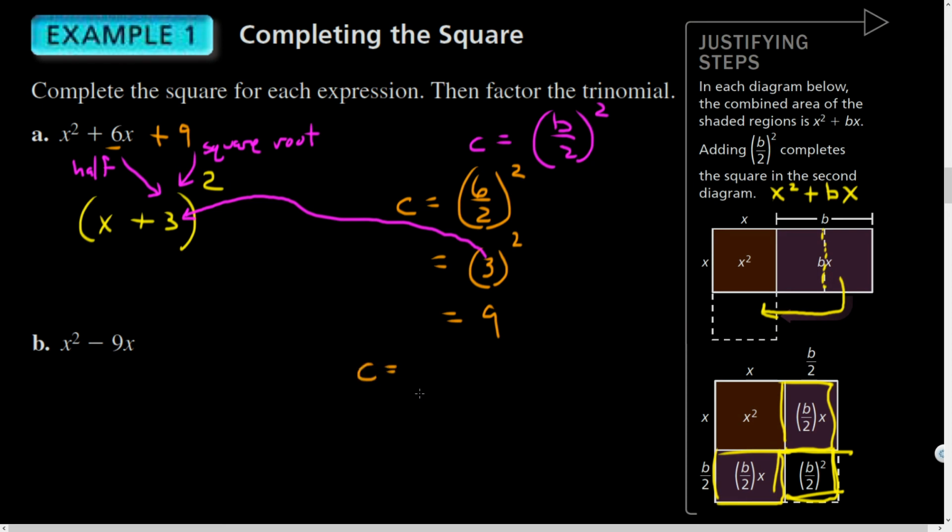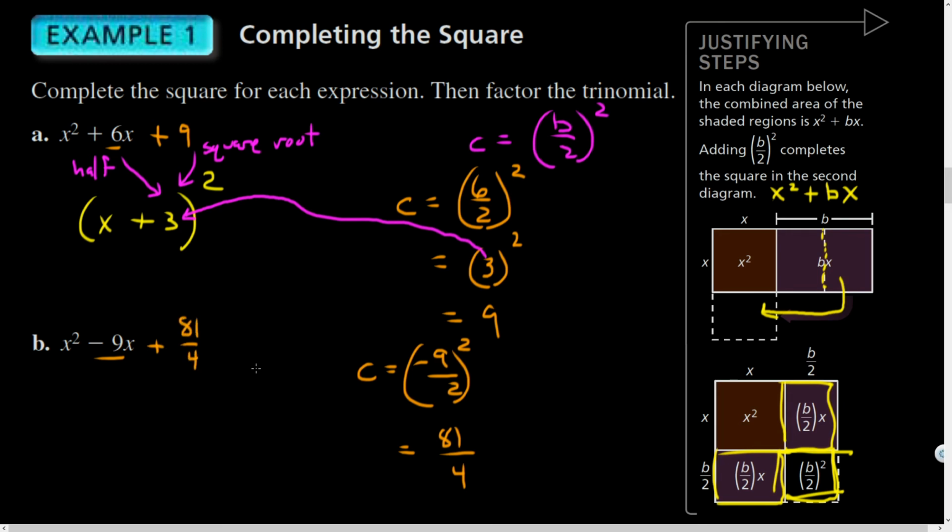So here's my new c term: -9 divided by 2 all squared, because b was -9. Now let's square this using properties of exponents. Negative all squared is going to become positive. 9 squared is 81, and 2 squared is 4, and so I would add 81/4.